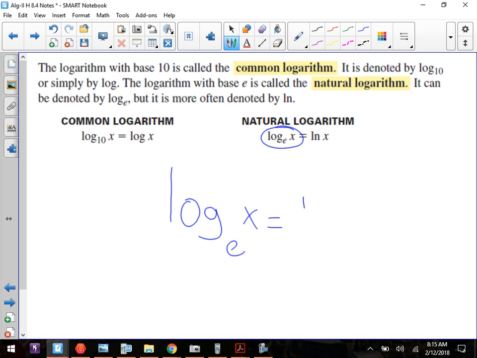It's just another way of writing it. So those two mean the same thing. Common log is just base 10.